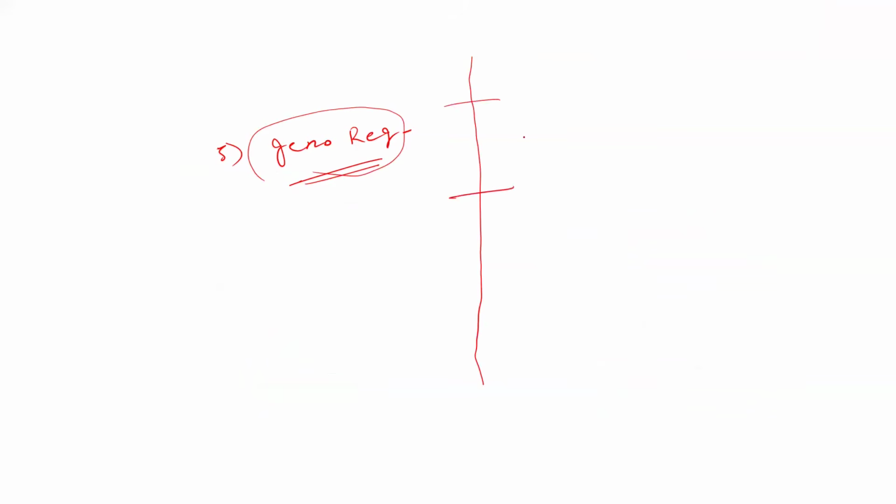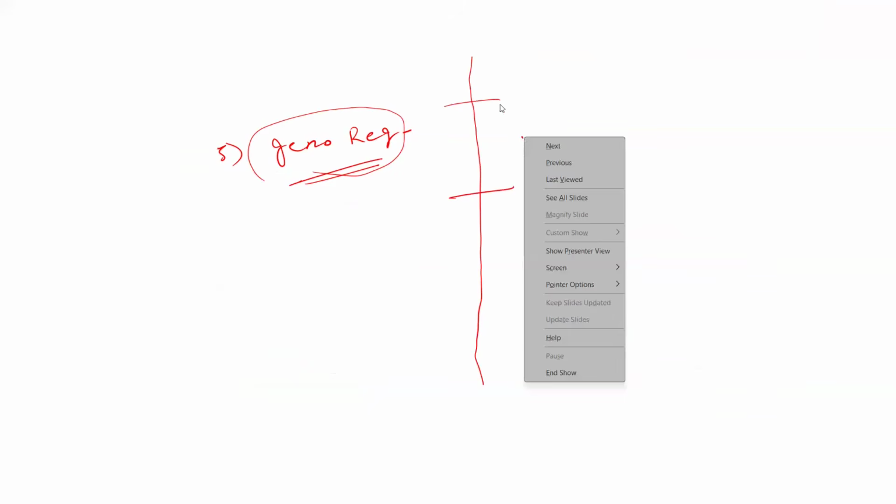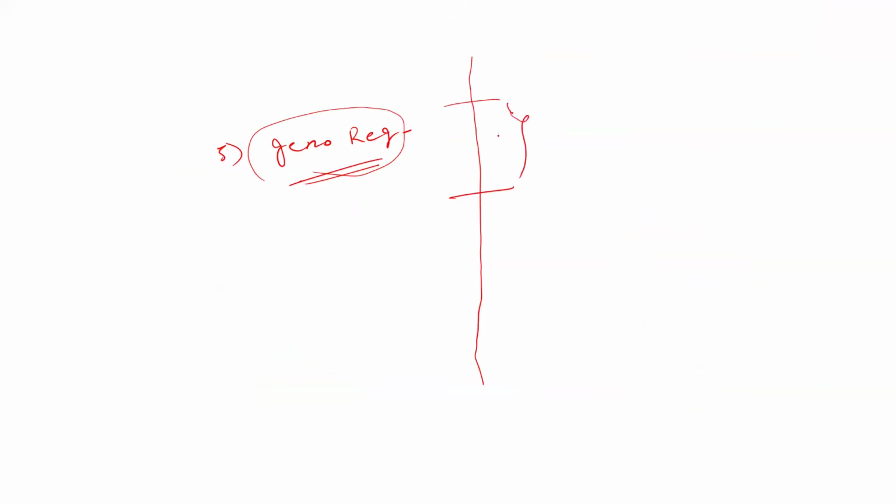Next factor, most important, is the genomic region. Fifth is the genomic region. How does the genomic region affect association mapping? I already said that if this is the genome, and this portion is a recombination hotspot, this is high recombination.